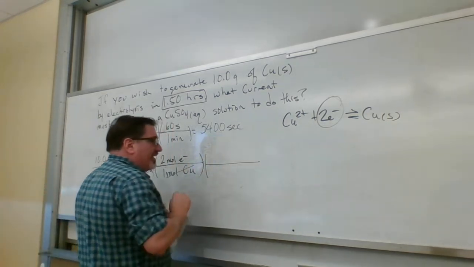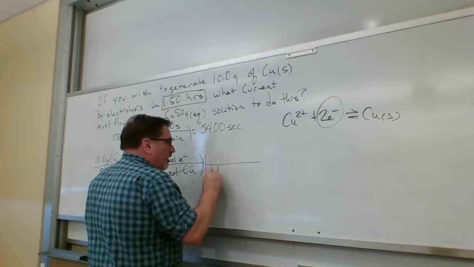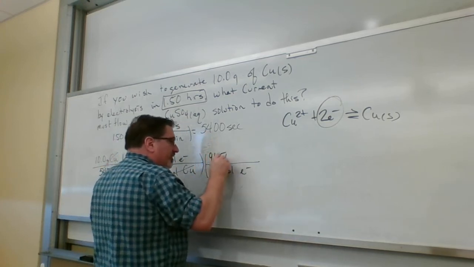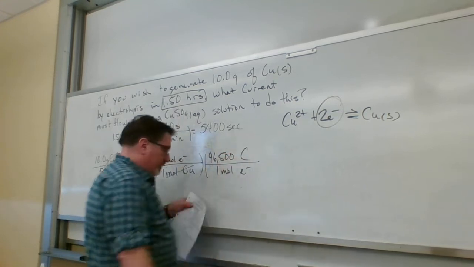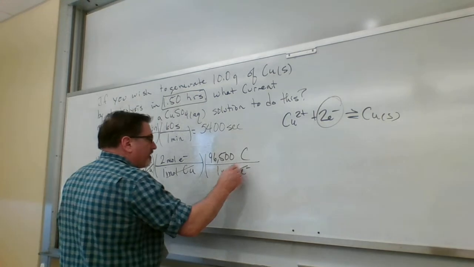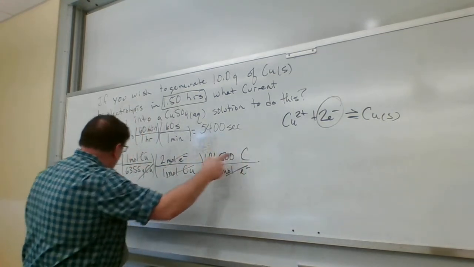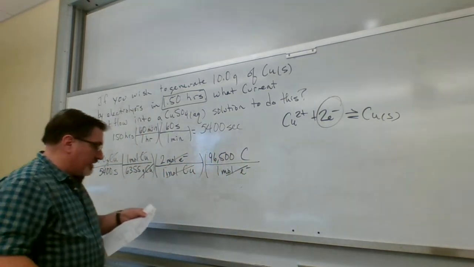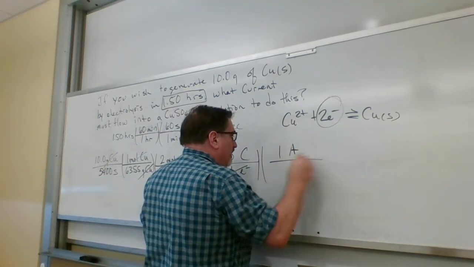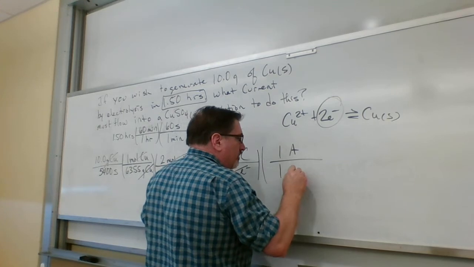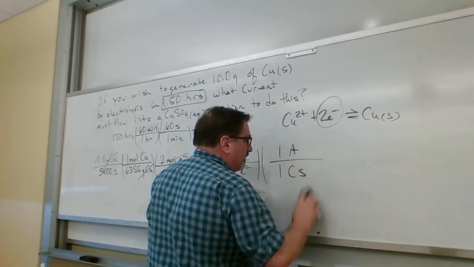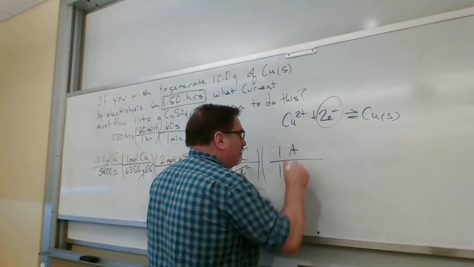We use our Faraday's constant: 1 mole of electrons in the bottom to 96,500 coulombs. Now we know coulombs per second. That's our units. And 1 amp is 1 coulomb per second.